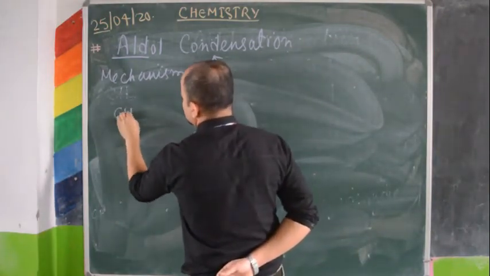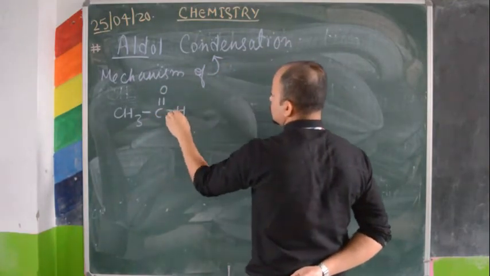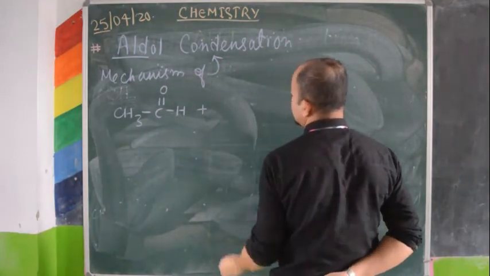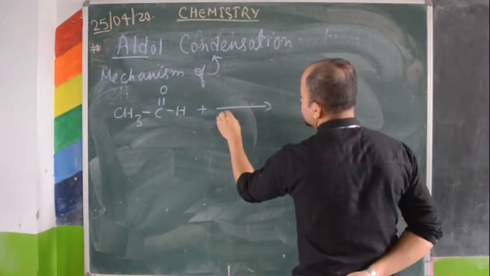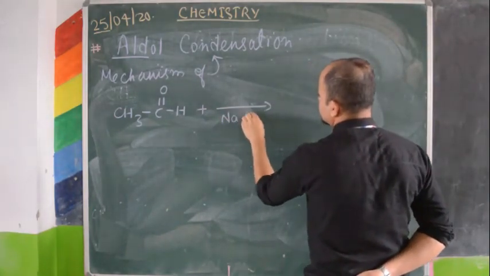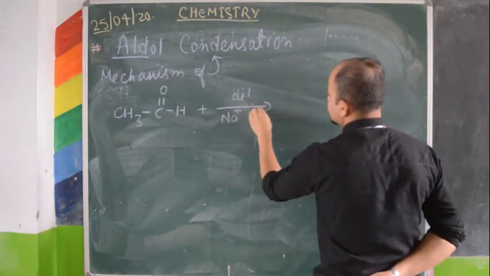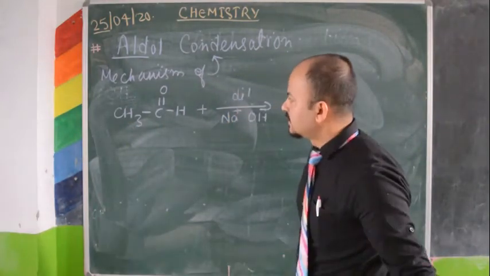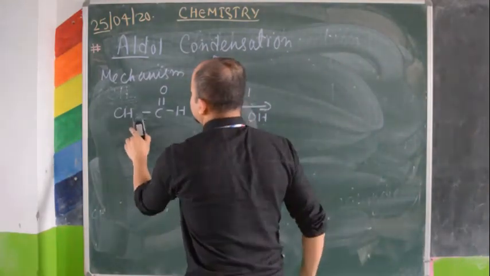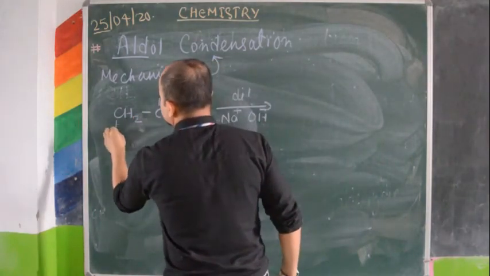We have two molecules of aldehyde or ketone which contain alpha hydrogen. Now one molecule, in presence of dilute NaOH, Na plus and OH negative, here the CH3, these alpha hydrogens are acidic in nature, meaning they can be easily removed.